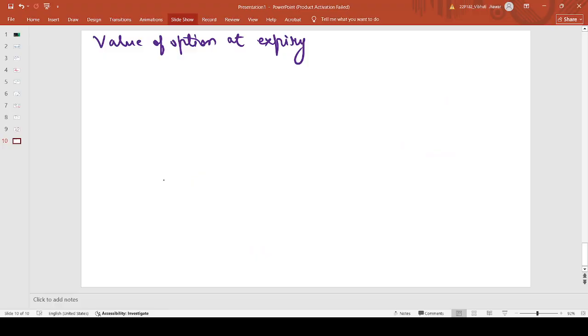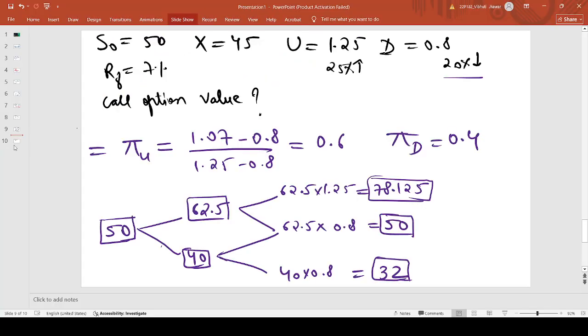Let's do the value of the option at expiry, that is t equals 2. C plus plus would be 78.125 minus 45. 45 is the strike price.